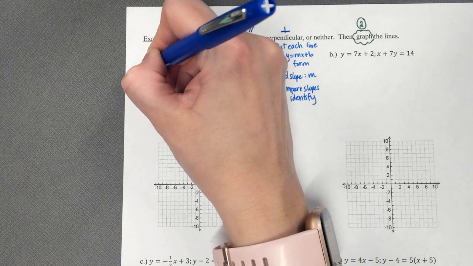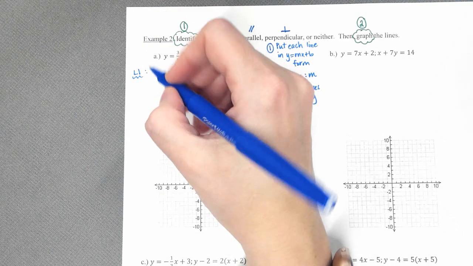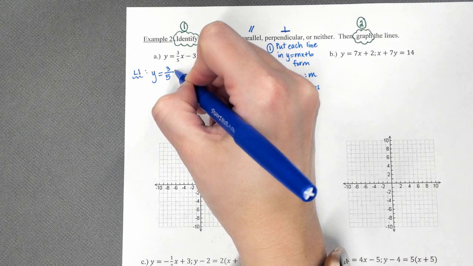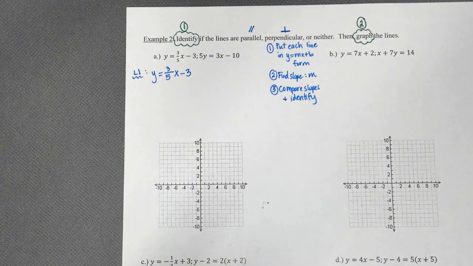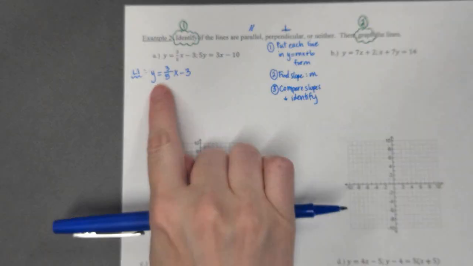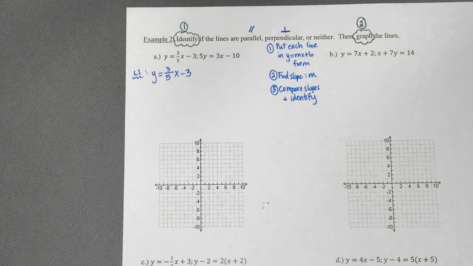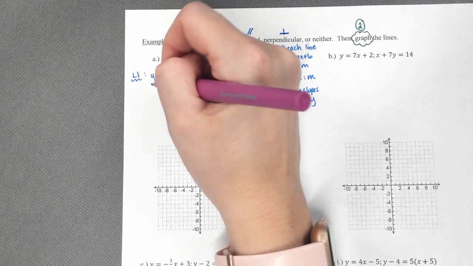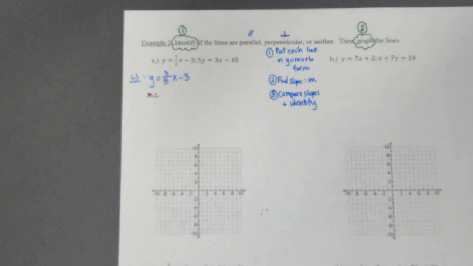We're going to call it L1. Is this already in the form y equals mx plus b? Yep. If it is, then you can pick out your slope right away. Okay, so I just want you to write down what your M is.